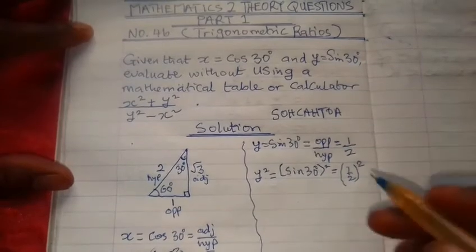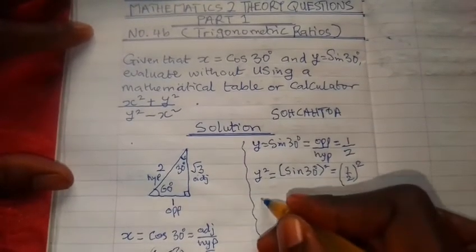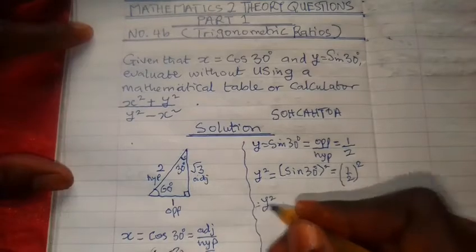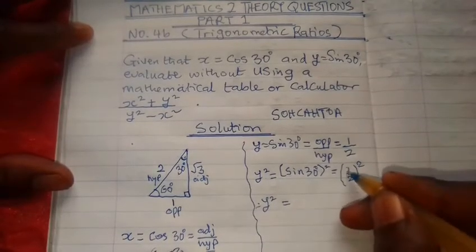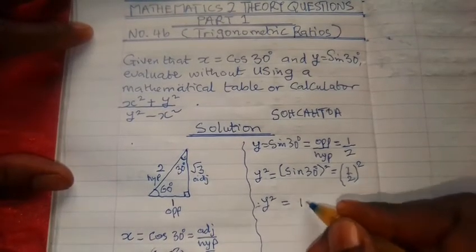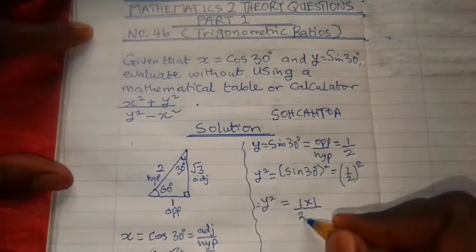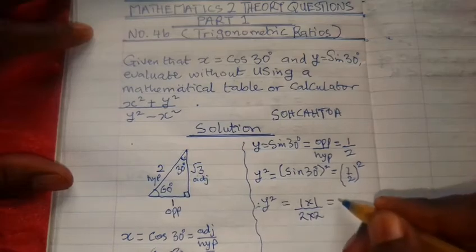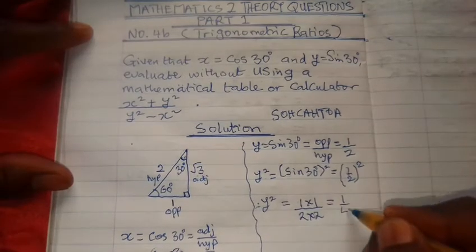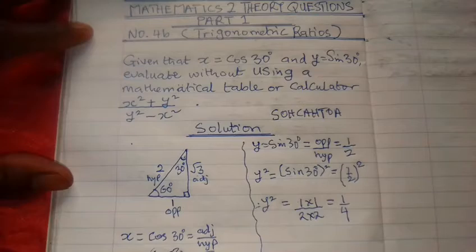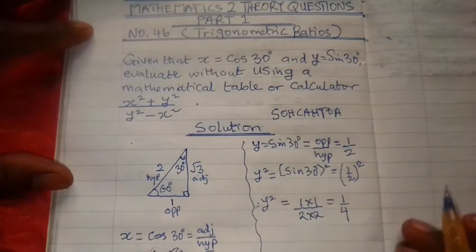That is going to give us the value for our y squared, therefore, to become 1 squared is 1 times 1 upon 2 squared is 2 times 2. And if we solve this, we are going to have 1 upon 4 as our value for y squared.